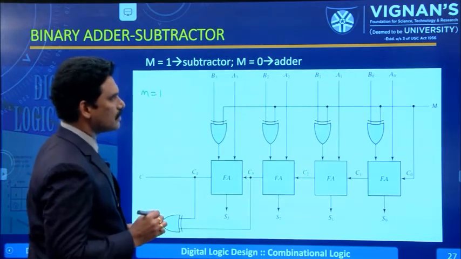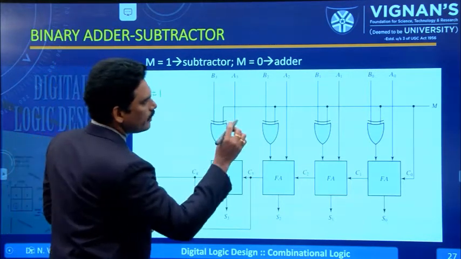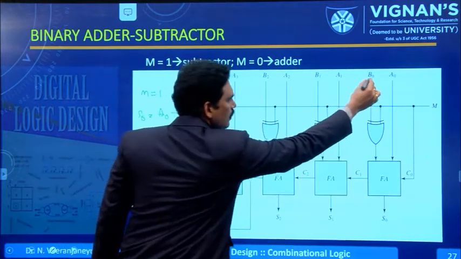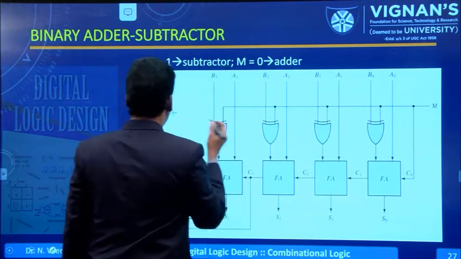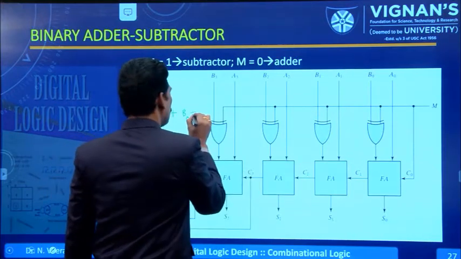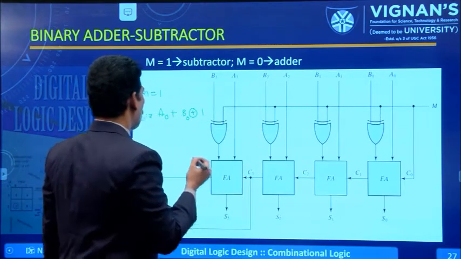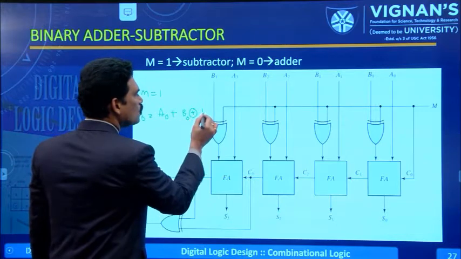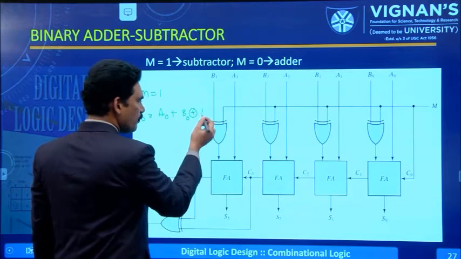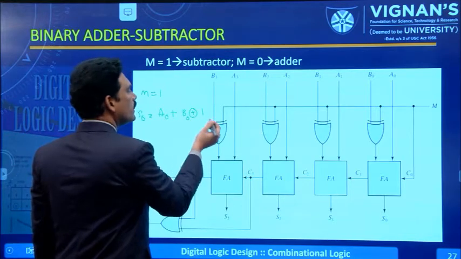How does it perform subtraction? Here S0 is equal to A0 plus B0 exclusive OR 1. What is this? B exclusive OR 1 means that if the value of B0 is 0, it gives 1, and if the value of B0 is 1, it gives 0.